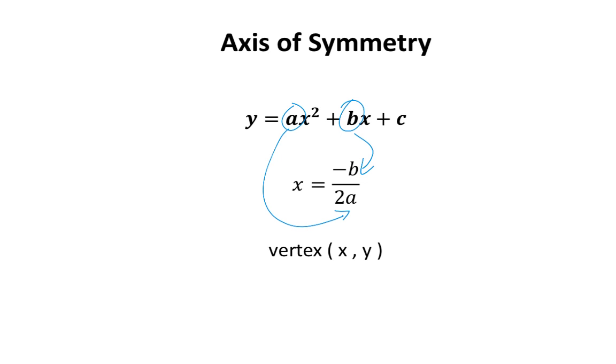The value of x would be the equation of the vertical line that goes through the vertex. In other words, that would be the axis of symmetry. The value of x also would represent the x-coordinate of the vertex. So if you have the x-coordinate of the vertex, you can always substitute that back into the quadratic relation and solve for y.